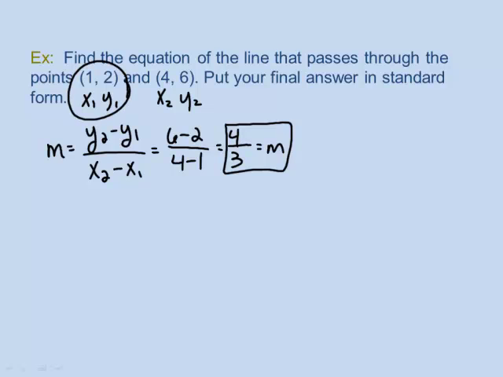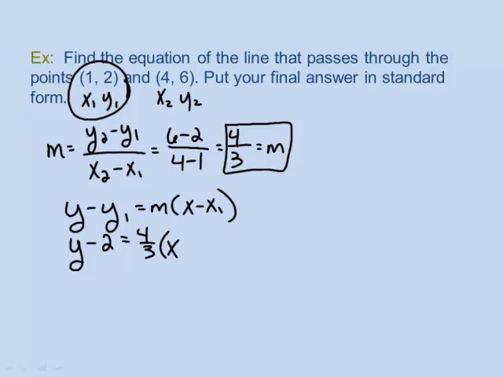Okay? We're now going to do what we did before. We're going to take the point-slope form of the equation. We're going to plug in one of the points and the slope we just found, get our equation. So we've got y minus y1, which is 2, because that's the point I've already got labeled as y1, is equal to 4/3 times x minus 1.